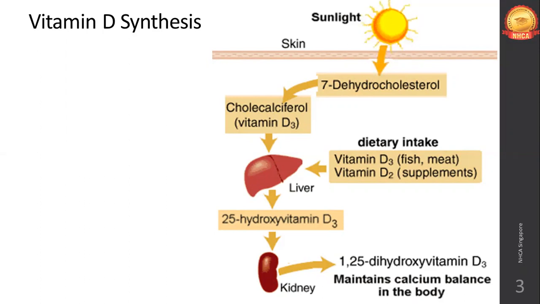So the 7-dehydrocholesterol will activate this vitamin D3 so that it can be actively absorbed back into the human body, and this happens because of the heat that you get from the sunlight. The heat from the sunlight activates this transformation into the active form of vitamin D3.